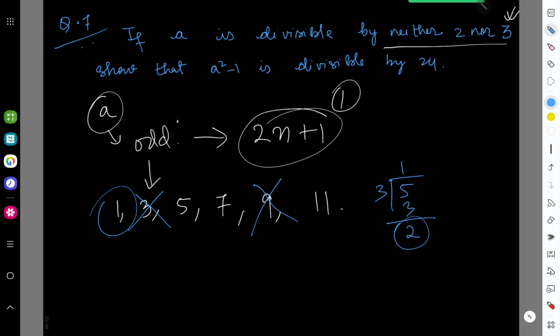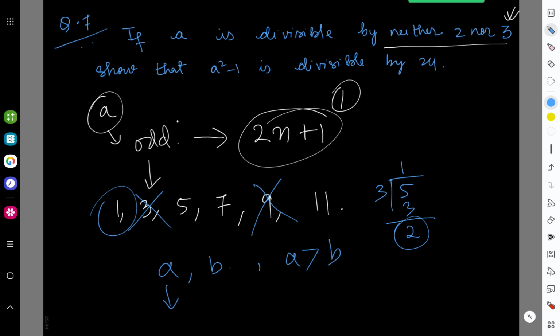We cannot take 1 because Euclid's division lemma says that whenever we are talking about two integers a and b, the greater number should be the dividend. This was one of the conditions, that the dividend must be greater than the divisor.